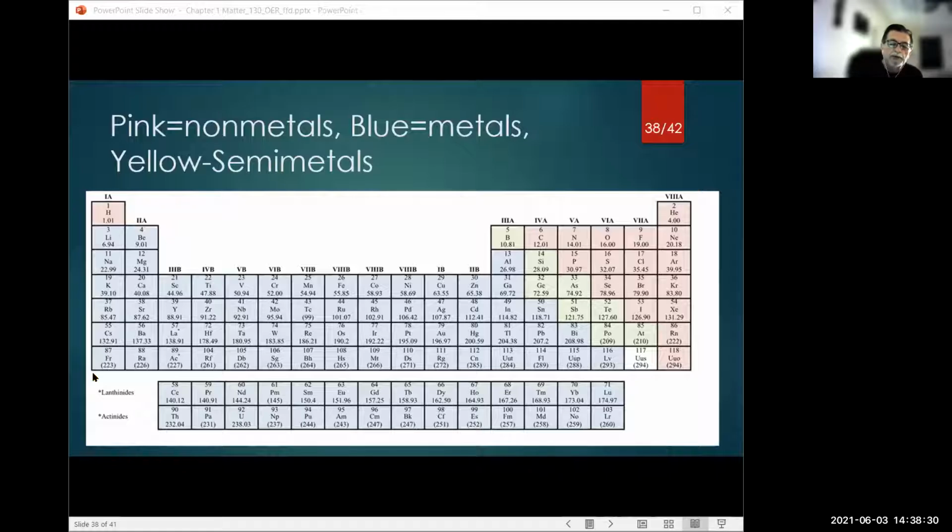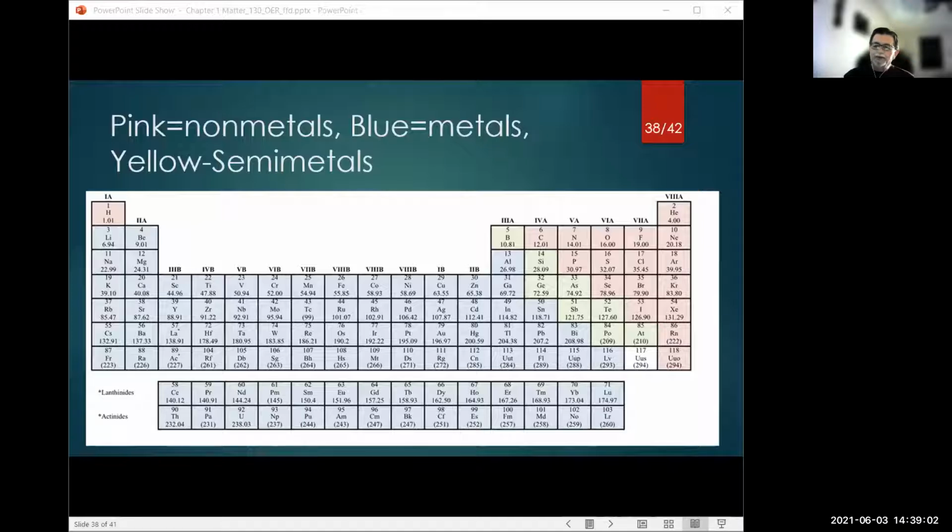If I were to say to you, number 20, calcium, is it a metal or non-metal? Well, now you know that it is a metal. Based on what I just told you about metals and putting it in long-term memory, the question would be, would it gain or lose electrons? Now you can say it will lose electrons because it is a metal. Now the next question would be, if it loses electrons, how many electrons would it lose?